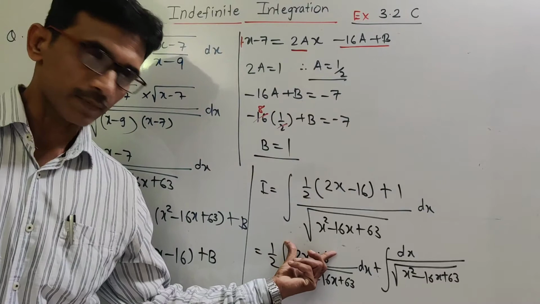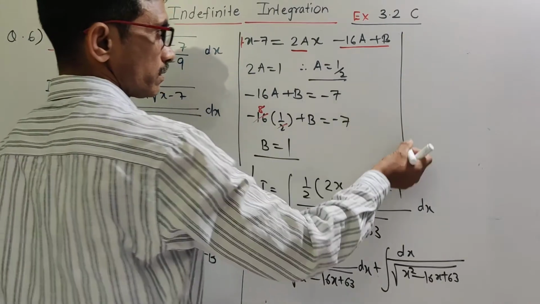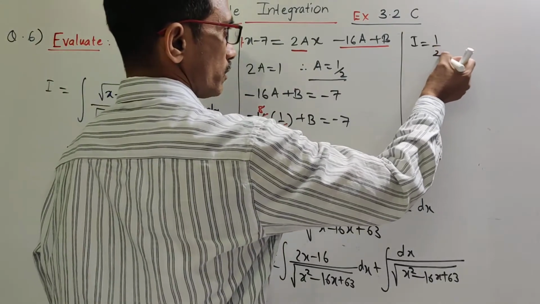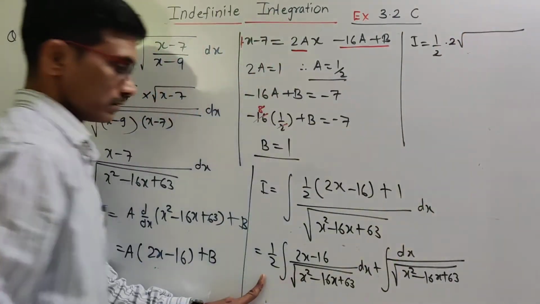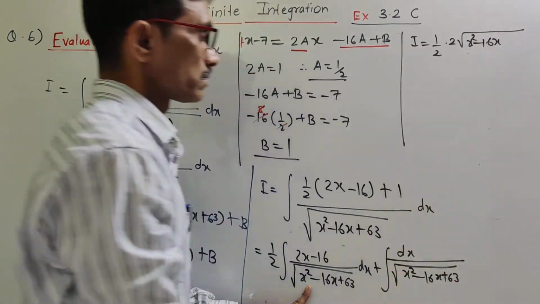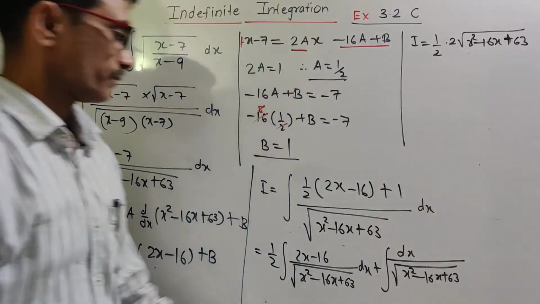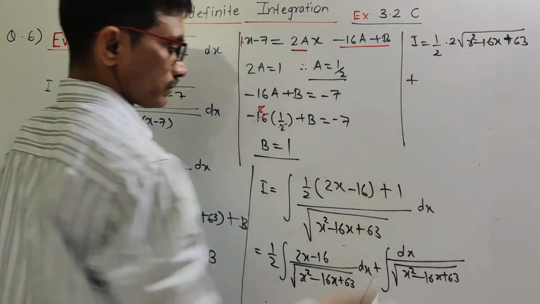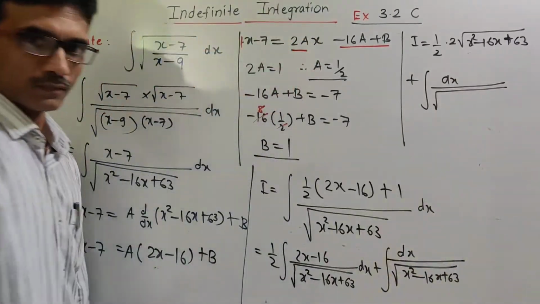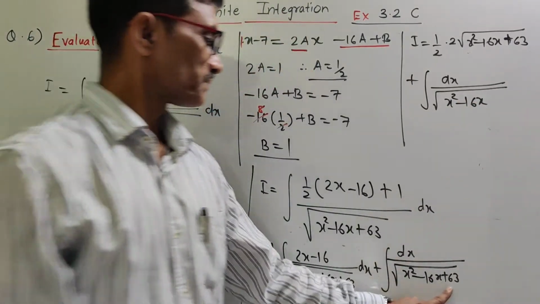Now the first integral is f dash of x upon root fx, which gives 2 root fx. So integral I is equal to 1 by 2 into 2 root fx, that is 2 root of x square minus 16x plus 63, plus the second integral, dx upon root of x square minus 16x plus 63.